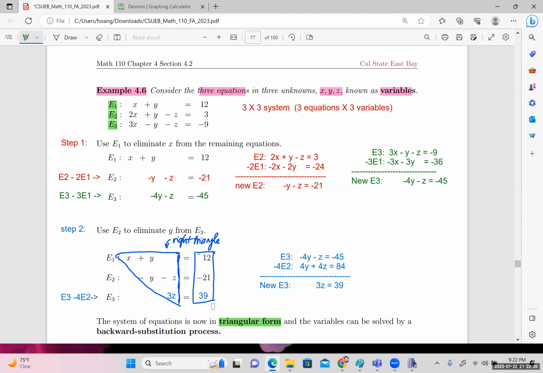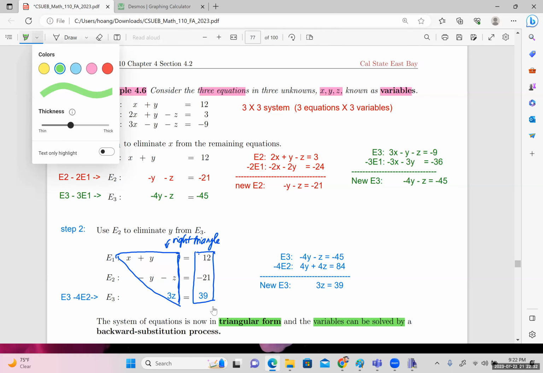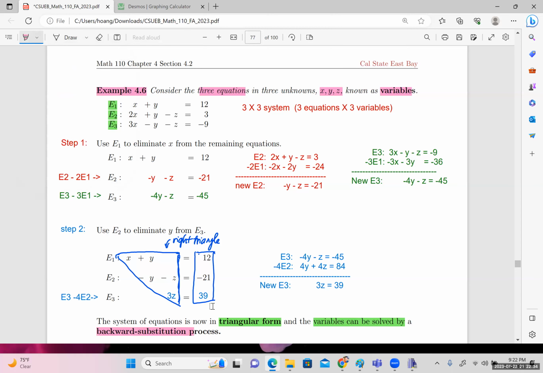Okay, triangular form, and the variables can be solved by the backward substitution process. So we're trying to have a triangular form, and then we can do back substitution.